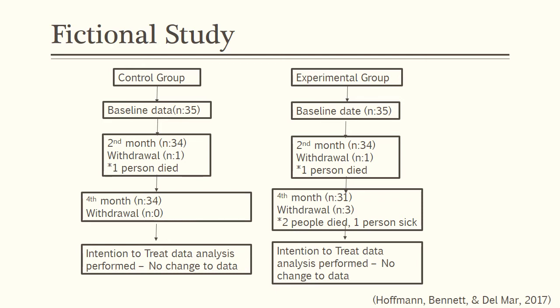In the second month, we have one withdrawal due to a death in the control group, and we also have the same withdrawal in the experimental group. However, in the fourth month, you can see that we have 3 people who have withdrawn from the experimental group. 2 have died and 1 is sick, whereas the control group had no withdrawals for the 4 months.